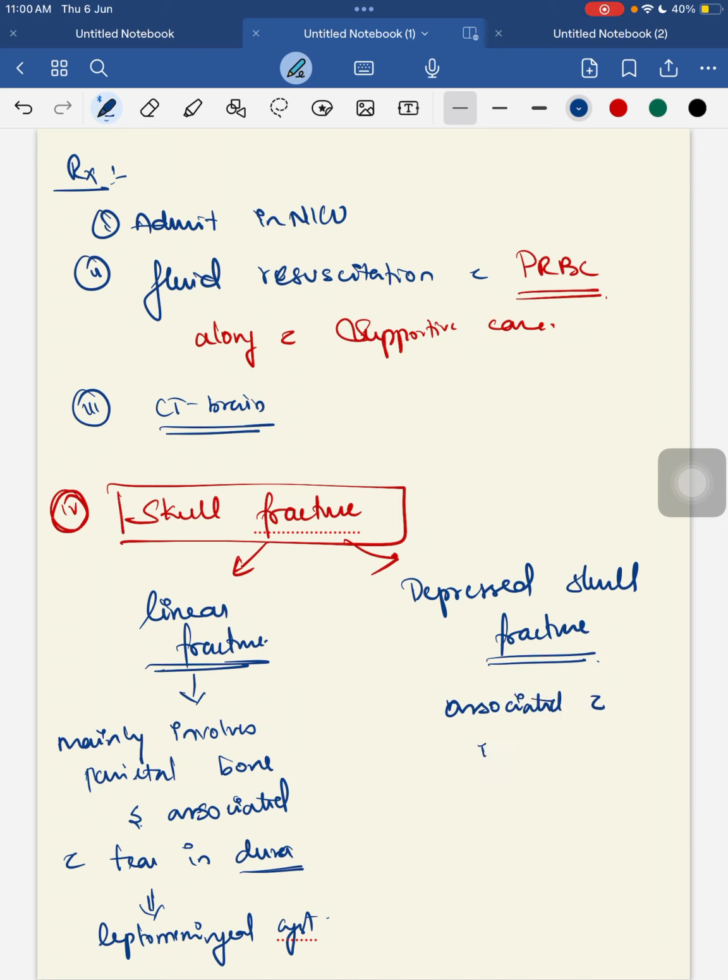So when there is a depressed fracture with depression more than 2 centimeter, along with a bony fragment present in the brain, or if the child has a neurological deficit, then you go on with the neurosurgical intervention.